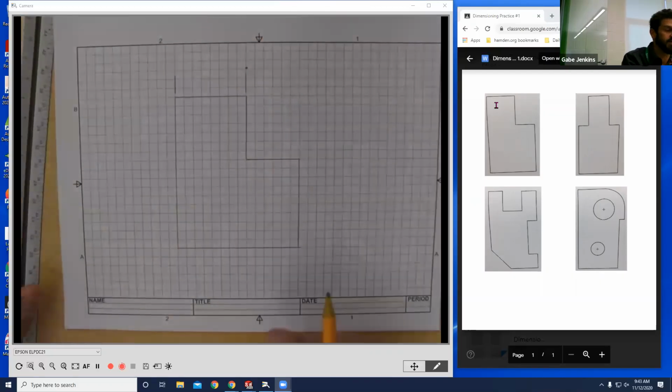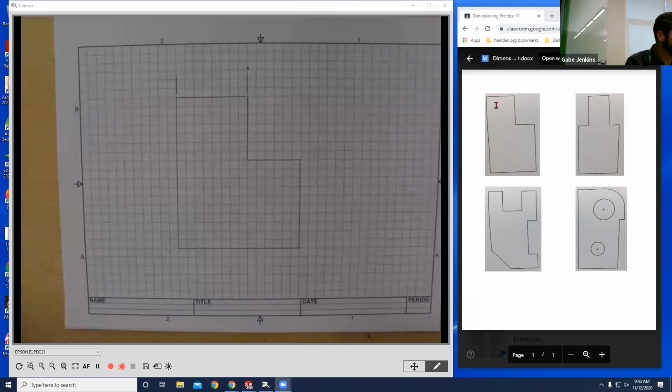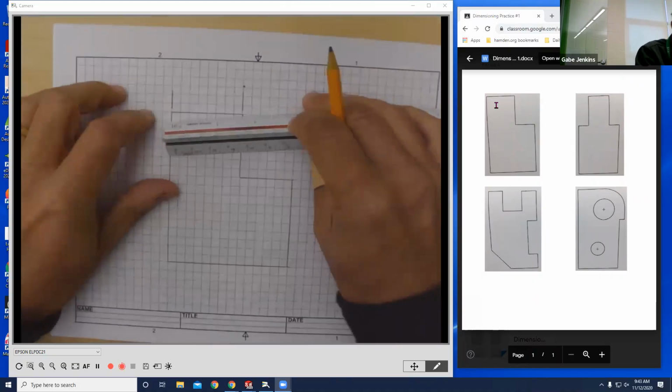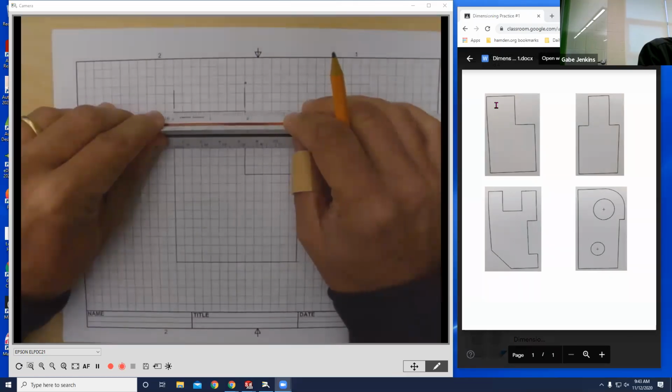So those two lines are called extension lines. And now I have to measure how far that is. So I take my ruler and let's see, let's go here. And so I put my 0 point right there and measure it.